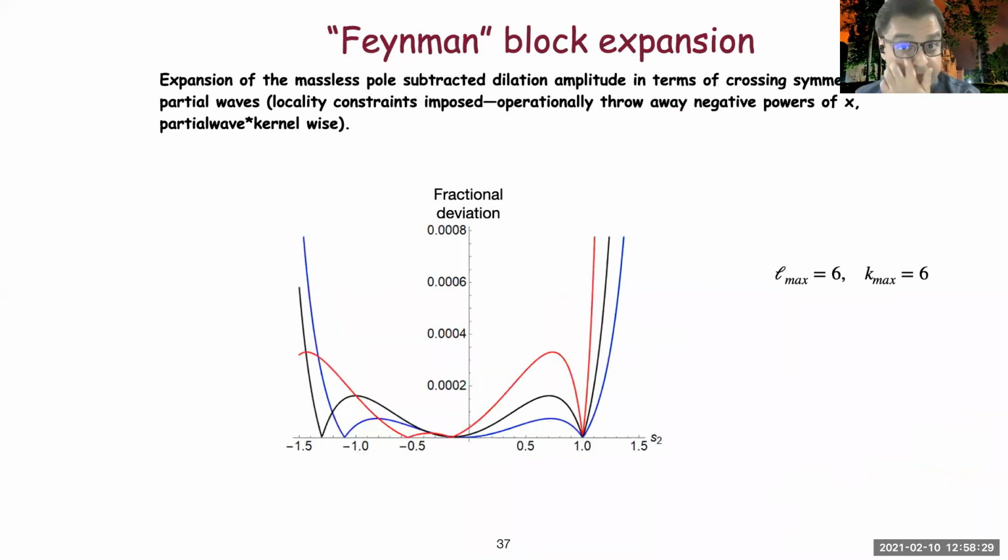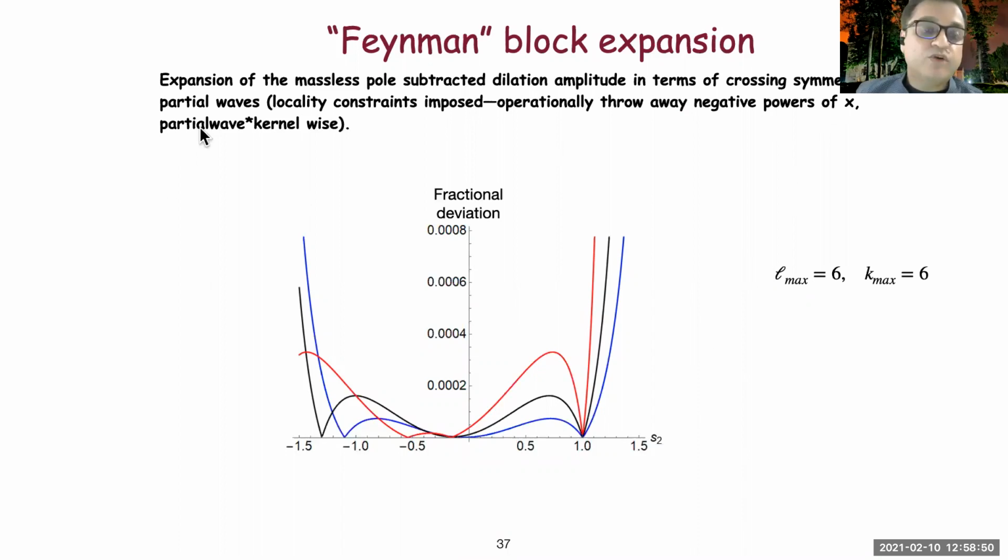But the more interesting expansion is what I would like to call the Feynman block expansion. This is where I am taking each block and operationally throwing away the negative powers of x at the level of each block. Why am I doing that? Because once we impose these locality constraints, the sum over the spectrum of these negative powers is going to cancel.